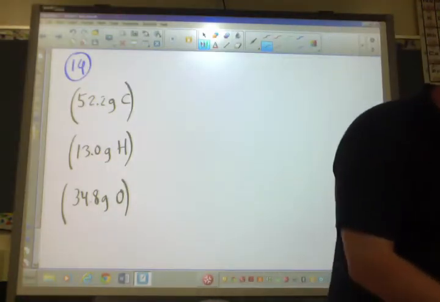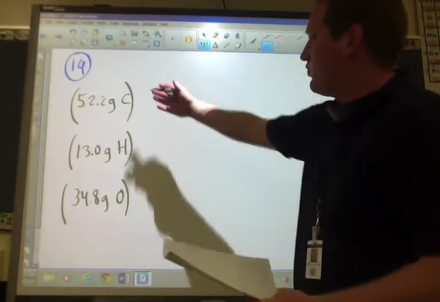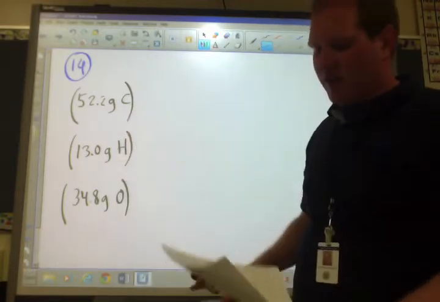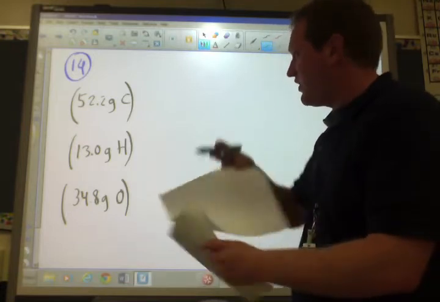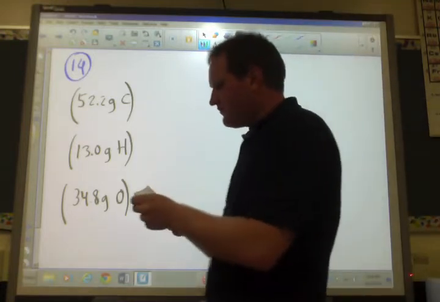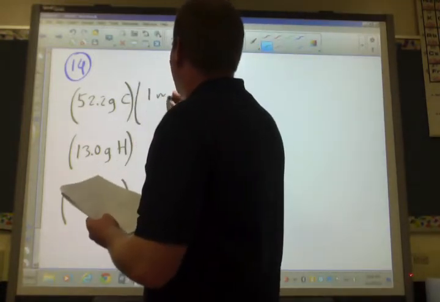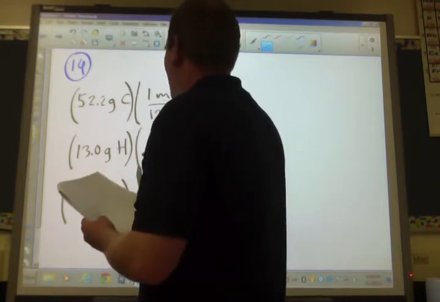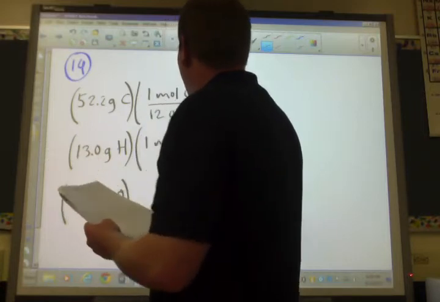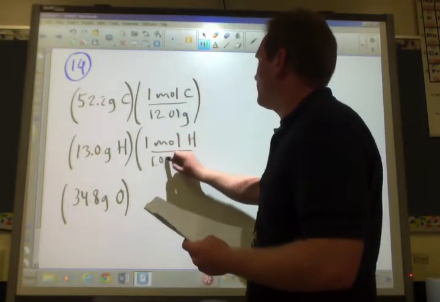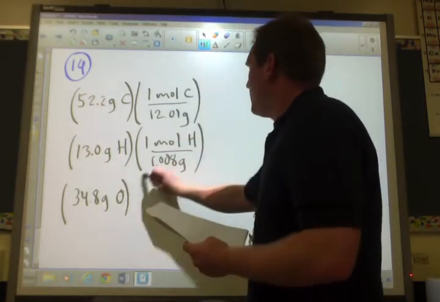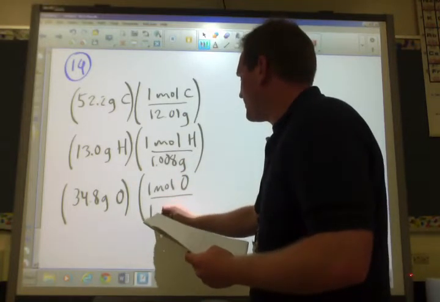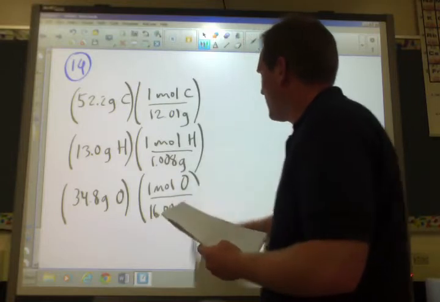Okay. Now again, I'm just going to kind of cheat for the sake of time, but we should all know how to convert these to moles. What we're now going to do is convert these to moles and try to find the simplest mole ratio we can find. So for carbon, we multiply by 1 mole of carbon over 12.01 grams. For hydrogen, we're going to multiply by 1 mole of hydrogen over 1.008 grams. And for oxygen, 1 mole of O divided by 16.00 grams.